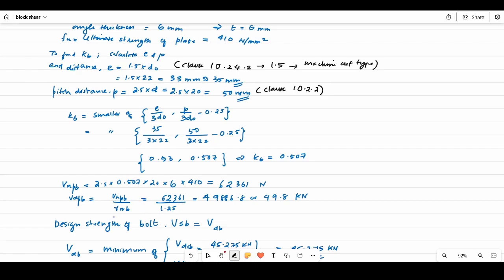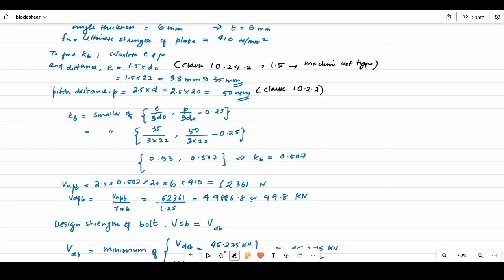All these gamma mb, gamma m0 and gamma m1 can be obtained from table 5. We are using a bolted connection, and in section 10 itself we are studying the bearing type connection. So gamma mb will be the factor of safety for the bearing type joint. So this will be solved as 49.8 kilonewton. The values will always be in newtons, so we convert them into kilonewton.